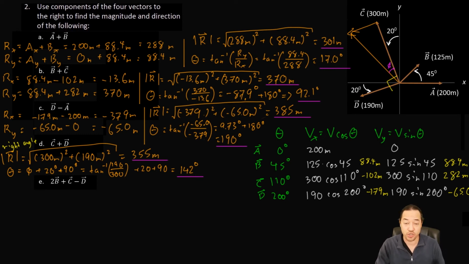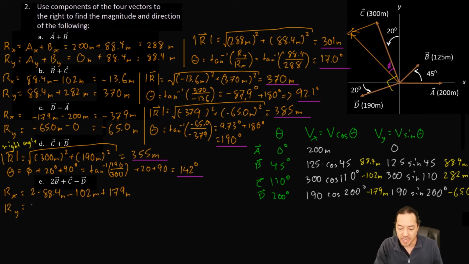Okay, finally, let's look at part E here. E is going to be 2b plus c minus d. All right. R sub x and R sub y. So for R sub x, we want 2 times b sub x, which is going to be 88.4, plus c sub x, which is going to be negative 102, minus d, which is going to be plus 179 meters.